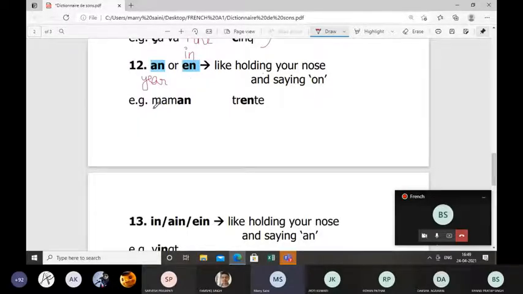The first one is maman. On sound you need to give, and the meaning is mom. And here also it is on sound: trente. And this is another number, 30.